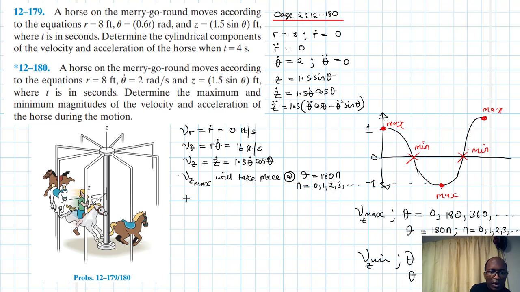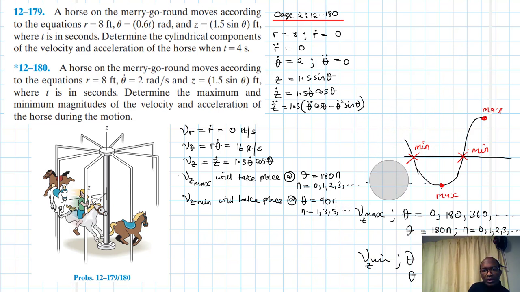And then Vz minimum will take place at theta equal to 90 n, where n is equal to 1, 3, 5, in that manner.